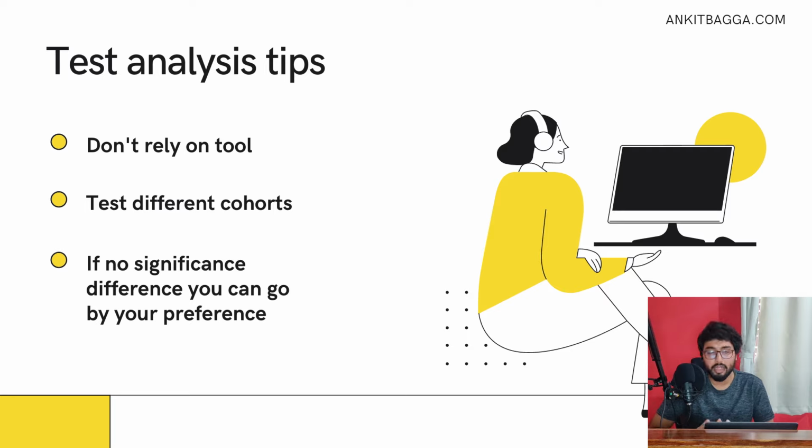The second one is testing different cohorts. This is very important, and a lot of us are not doing it. Let's say you were testing a new homepage against your current one, and the B variant performed better, with a better conversion rate. The problem is that you would not go further than that analysis.